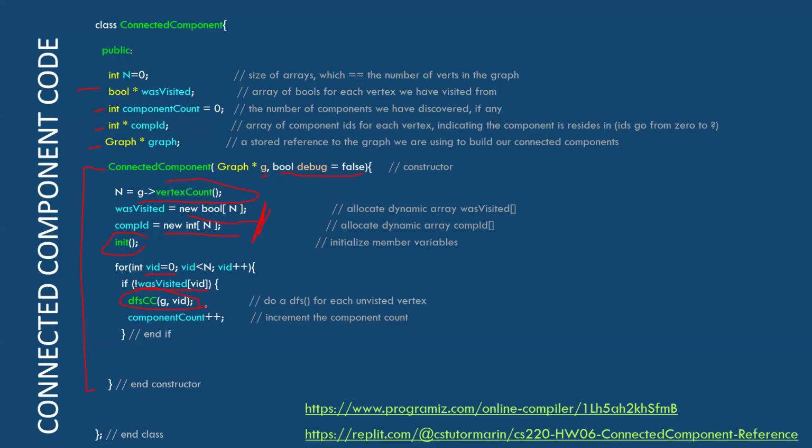This is a different DFS because we're in the connected component class. Here's your pointer, here's the vertex I would like to start from. Try to find all of my friends. When you're done, increment the number of islands and go around and try the next vertex.